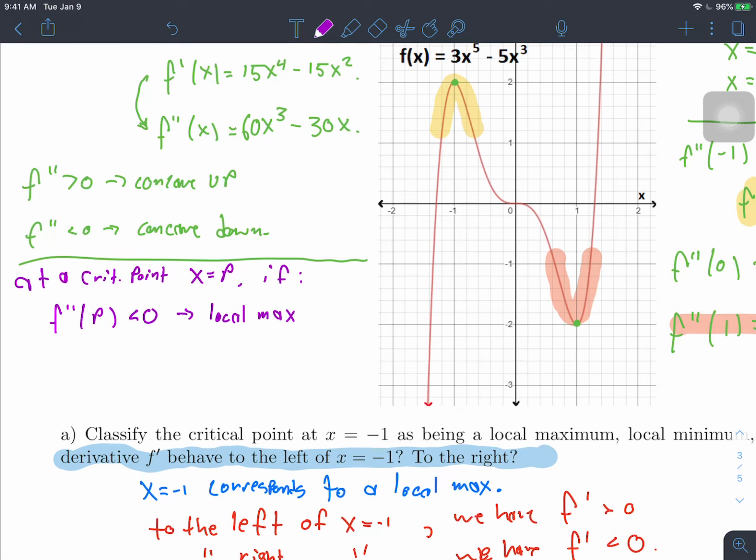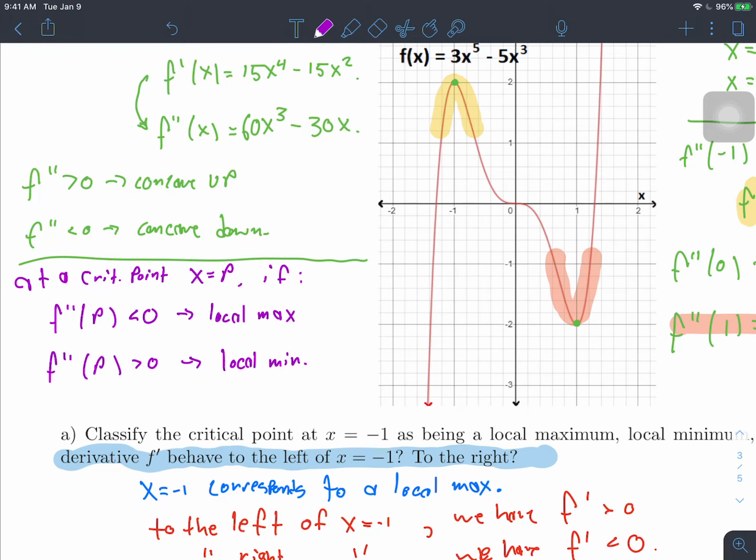Okay, so concave down corresponds to a local max. f double prime of p greater than 0 implies we have a local minimum.